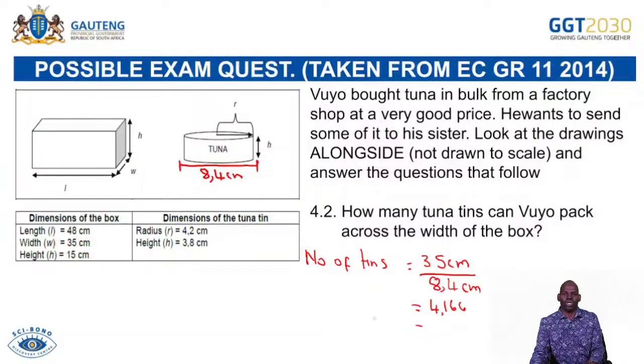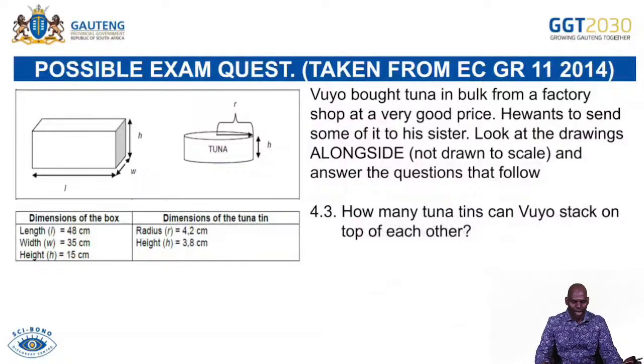You need to check it as well. Then I round it down, and it becomes 4. Rounding off and rounding down give me the same answer here, but the focus is rounding down. So the number of tins width wise is 4. That's how easy it is.